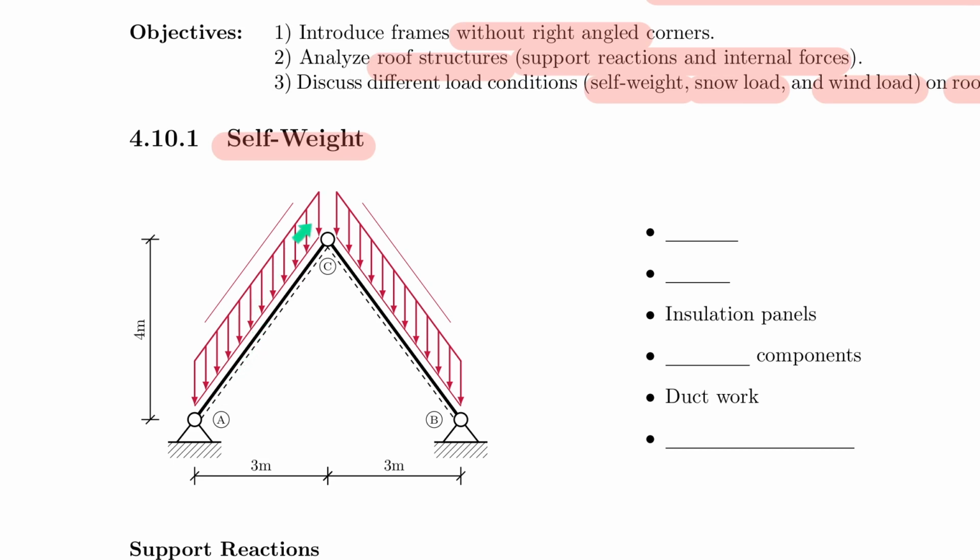Before, when we saw evenly distributed forces, the force arrows were always perpendicular to the actual beam. In this case, we are dealing with this rafter, and these force arrows are not directly perpendicular to it.